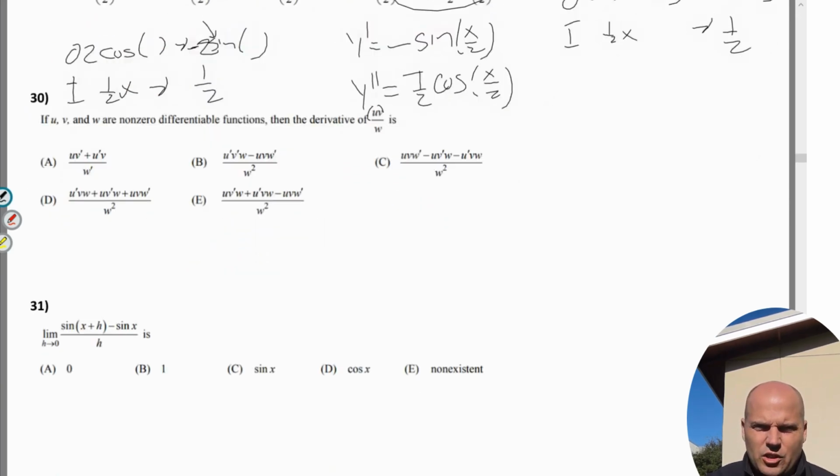Oh, this is tricky. It's a quotient, but as part of the quotient, you have a product.